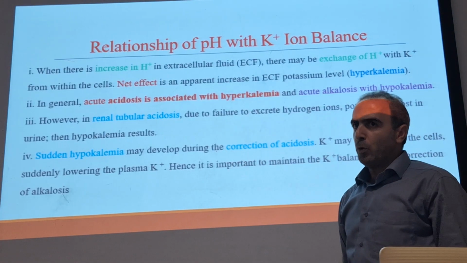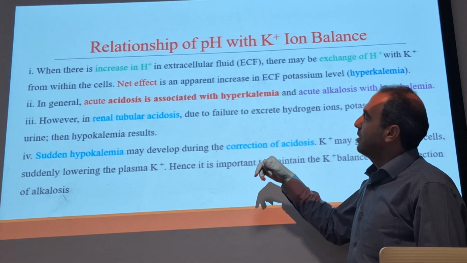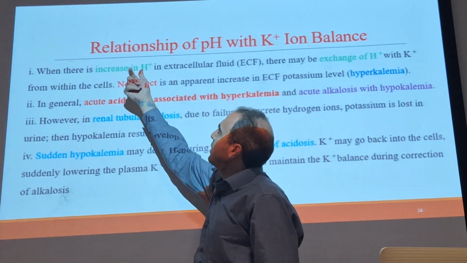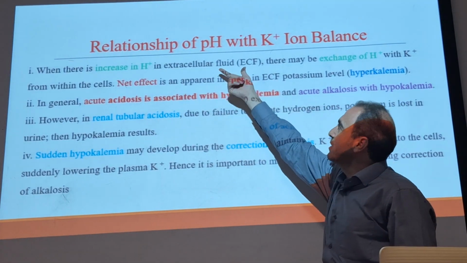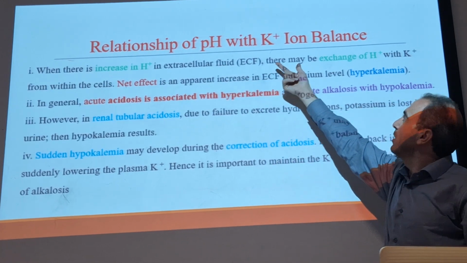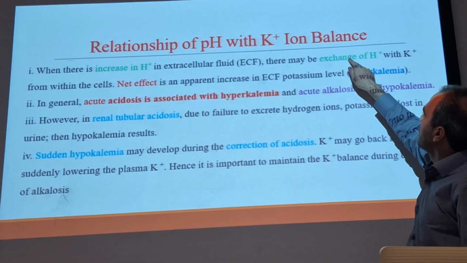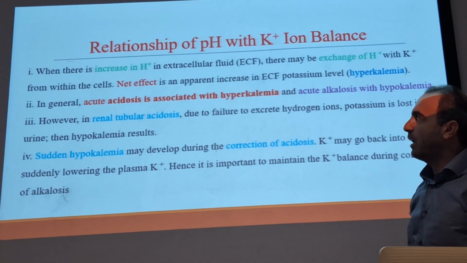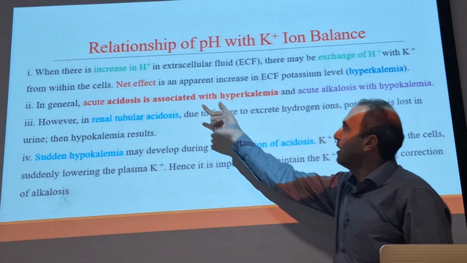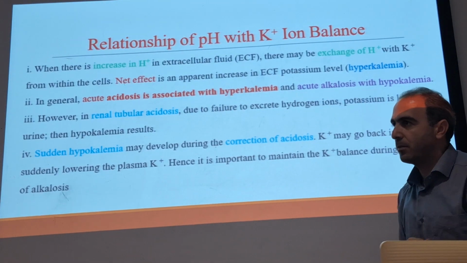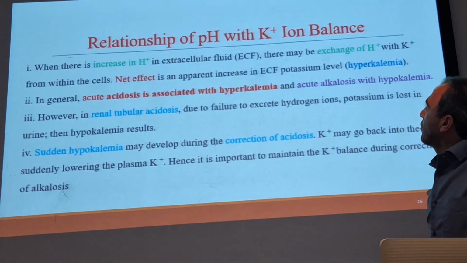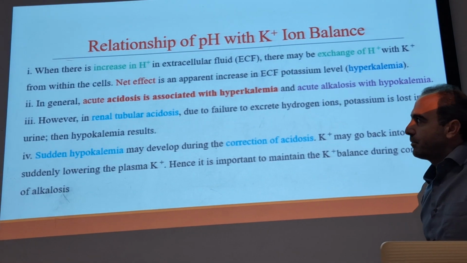Related to potassium, you learned in the previous session that when there is an increase in H+ in the extracellular fluid, or plasma, there is an exchange of H+ with K+. And the net effect leads to what? Hyperkalemia. Exactly.